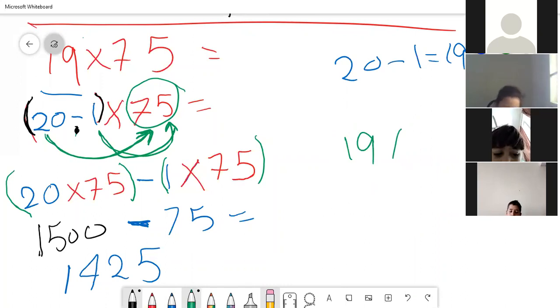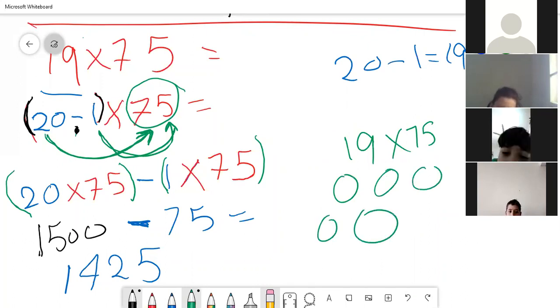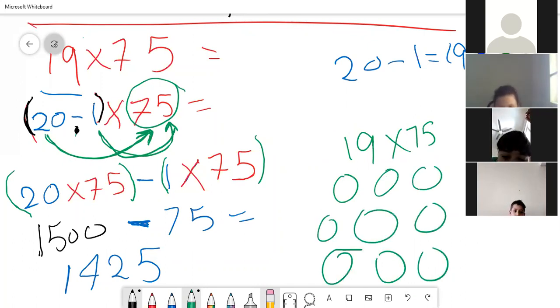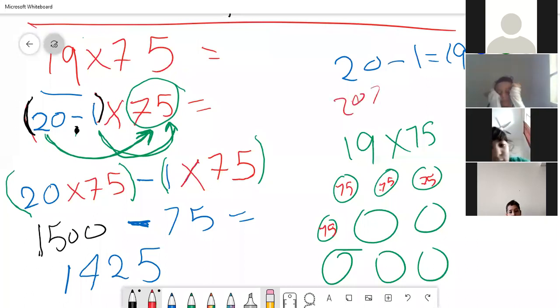This is the same as 19 times 75. This means you have 19 groups. In each group, how many do you have? In each group, you have 75, 75, 75. This is the same as you have 20 groups times 75.